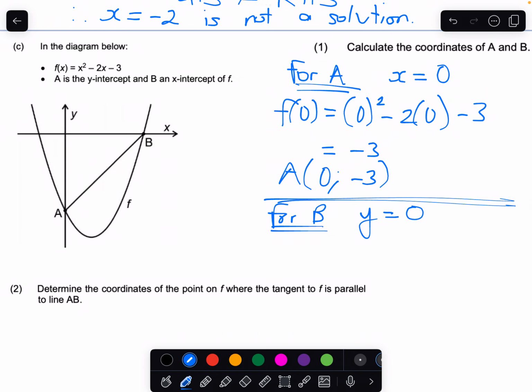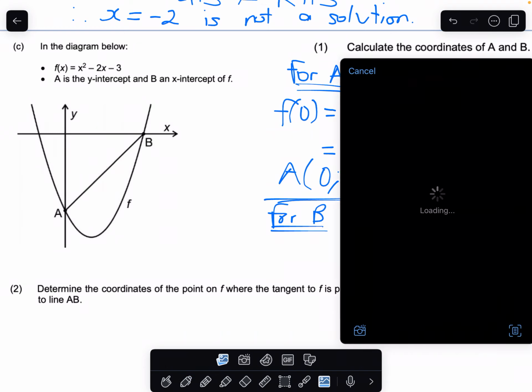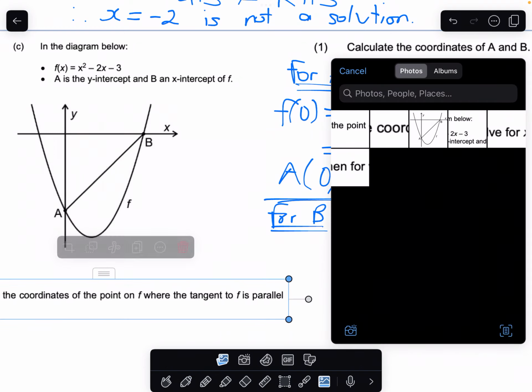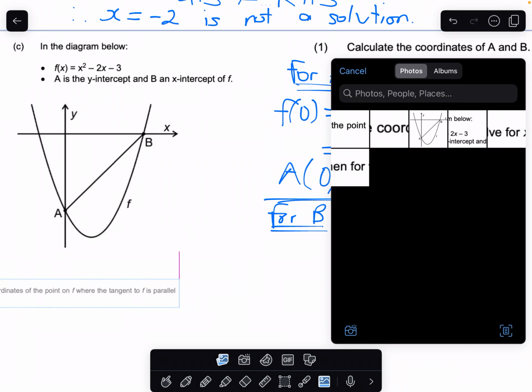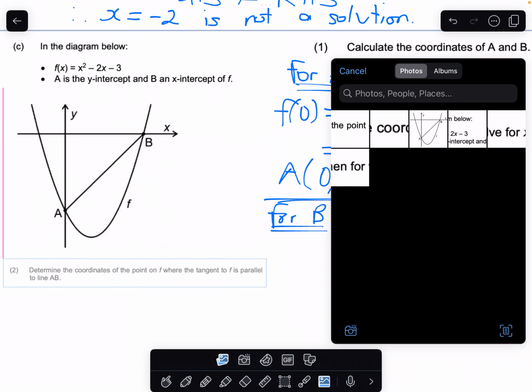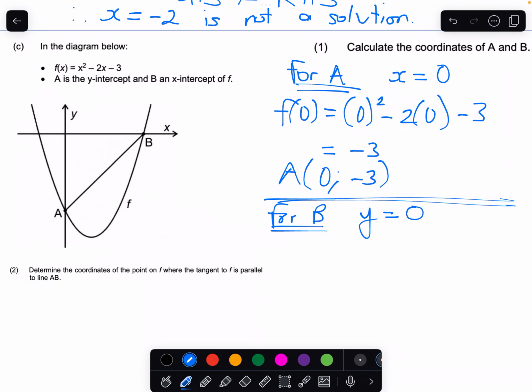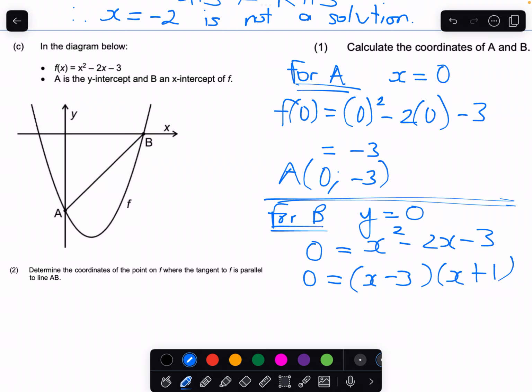So that will be, okay, I'm going to need to make this question just a bit less vigorous in size. Okay. Right, so we have 0 is equal to x squared minus 2x minus 3. 0 is equal to x minus 3 times x plus 1.